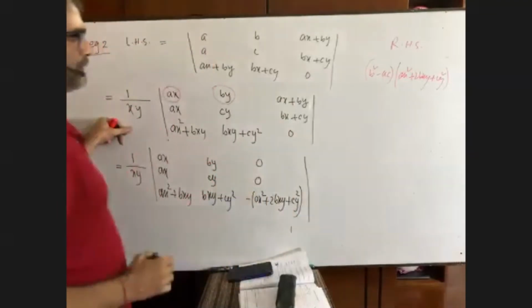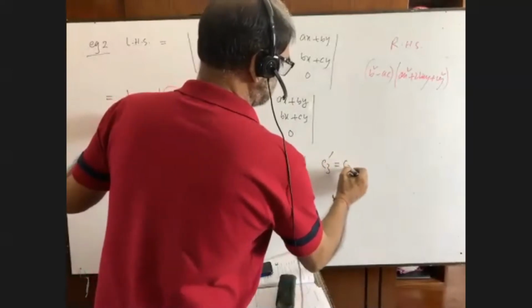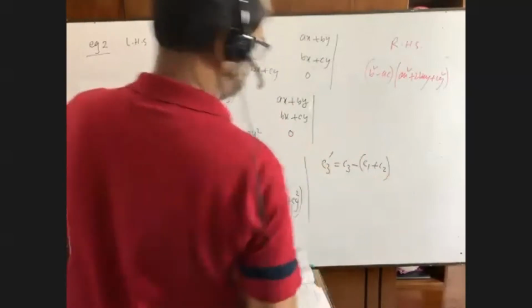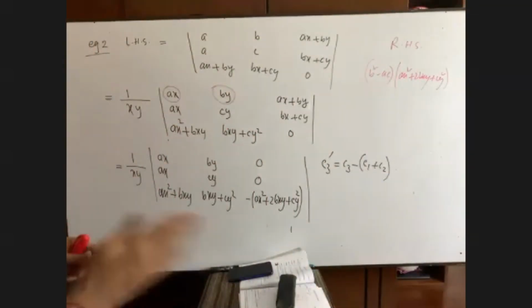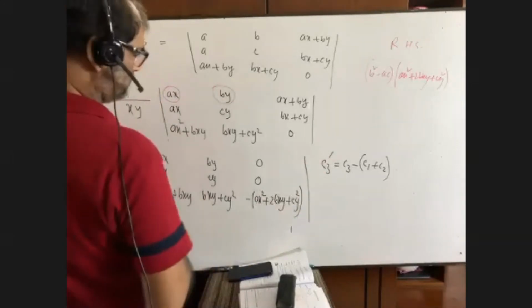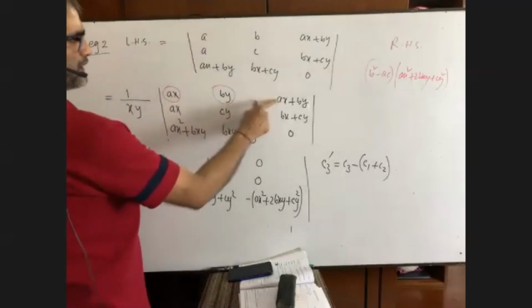Actually, column 3 has been obtained from column 3 minus column 1 plus column 2. Please try to understand. I have given the side note. This is column 3, found by subtracting the sum of the first and second column from the third column.